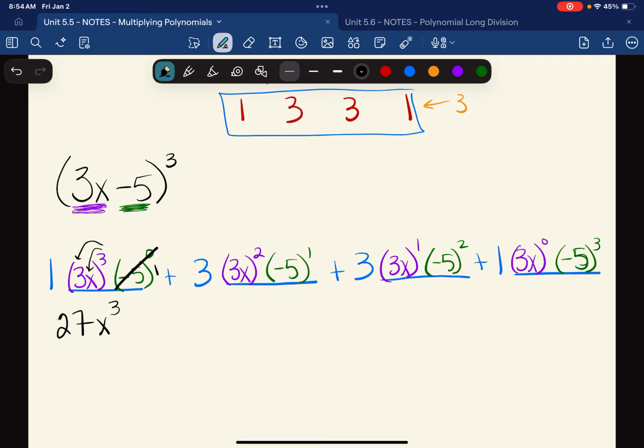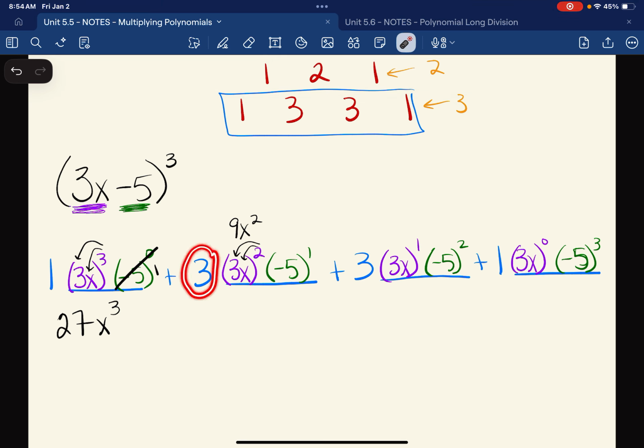Now our next term, this (-5) to the 1st power is just -5. This squared goes here and here. So this is 9x squared. And I'm multiplying by 3. So let's see. We've got 3 times 9 times -5. Okay, so 3 times 9 is 27.